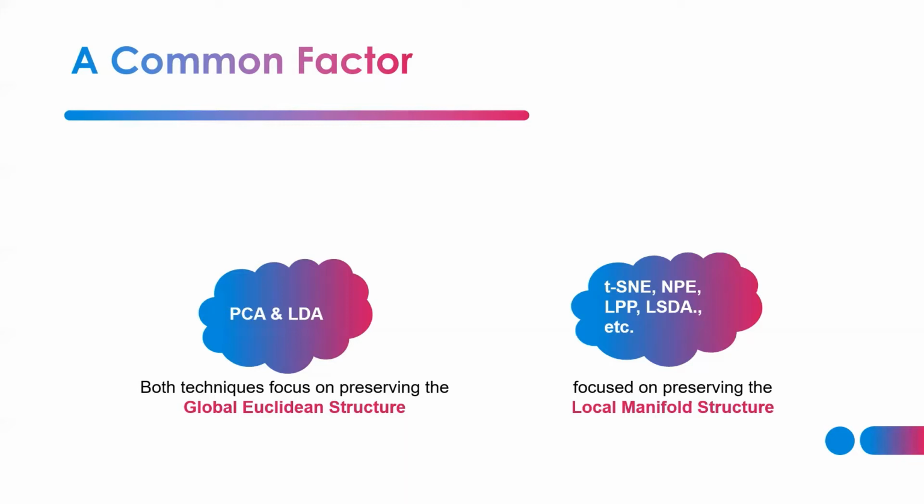They are focused on preserving the local manifold structure, which means instead of looking at the distances between the samples and the averages, this new set of methods on the right is looking at maintaining the distances between each sample and its k nearest neighbors.